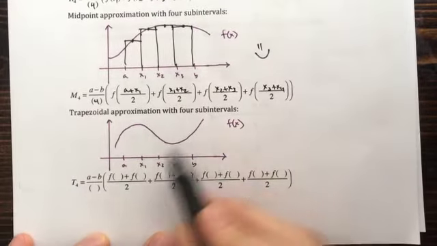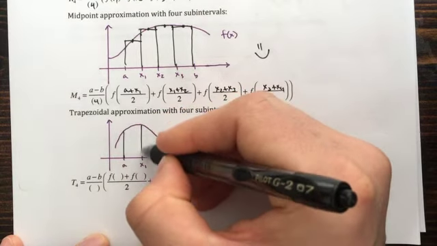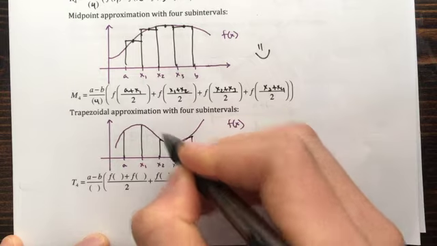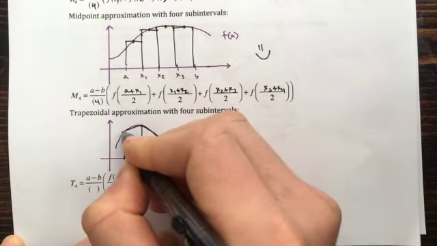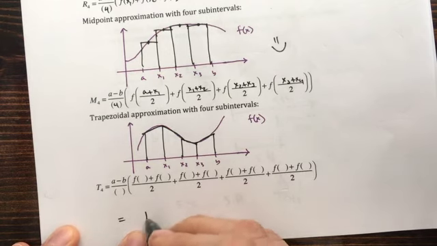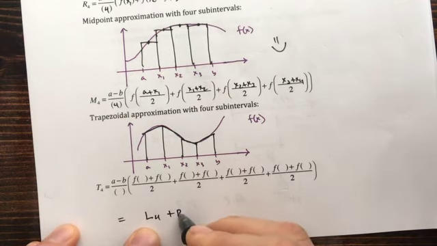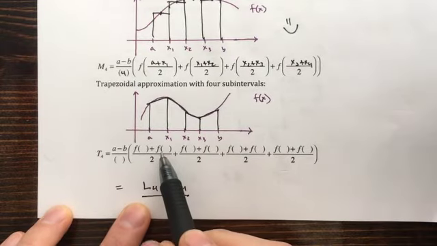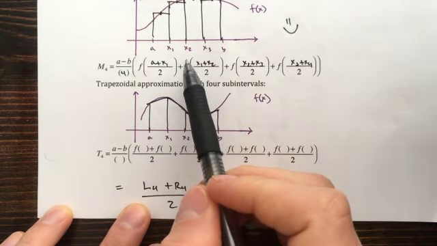And now 4 subintervals for trapezoidal. Trapezoidal looks like this. Probably the best approximation. And this is also, by the way, equal to the left hand and the right hand divided by 2. So this is different because now we're averaging the y values. Here we were averaging the x values.